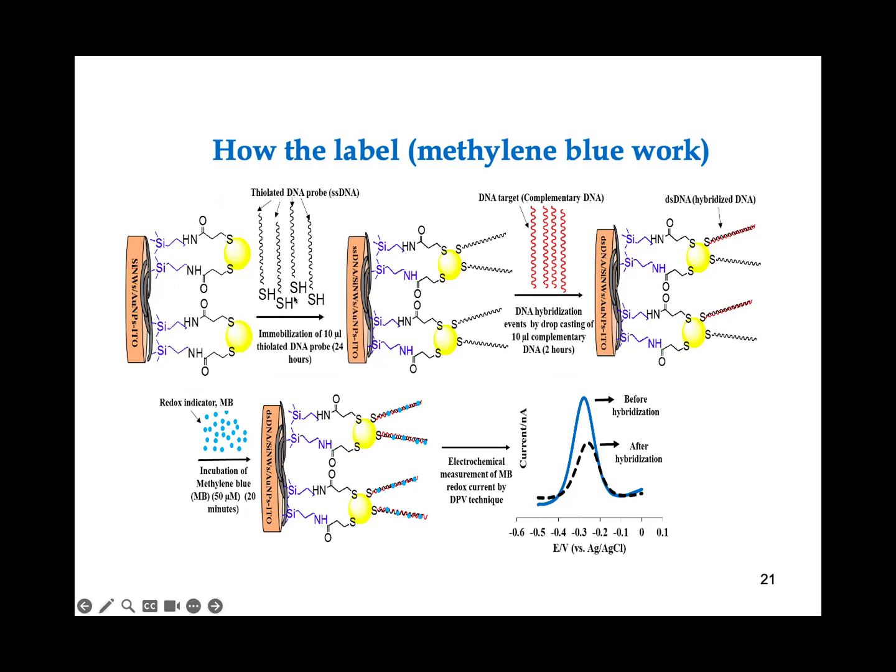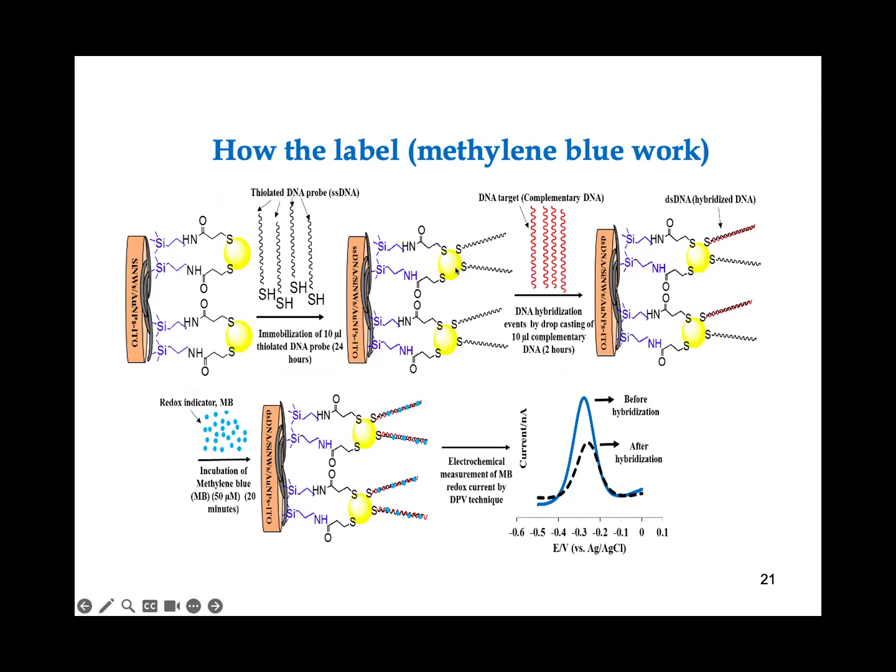And then the DNA probe is also thiolated, and we know that thiol has very good affinity towards gold nanoparticle. So we actually use the silicon and the gold nanoparticle as enhancement of electron transfer, and at the same time they help us to link the DNA probe on the surface of the electrode.